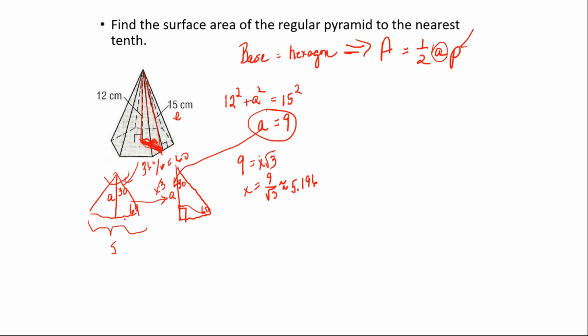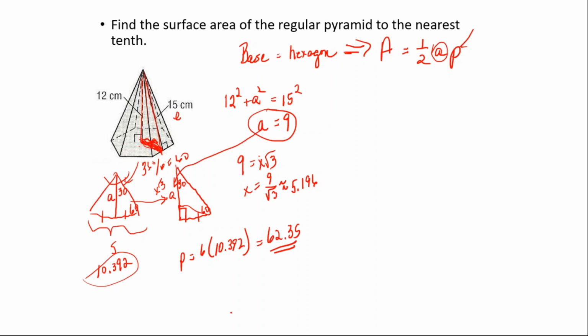But remember, this is half and half. That was that part. So that makes that whole side 10.392 is the side. So now I can get my perimeter. Perimeter equals 6 times that number, which is 62.35. That is the hard part.